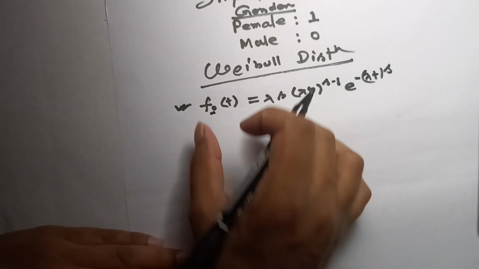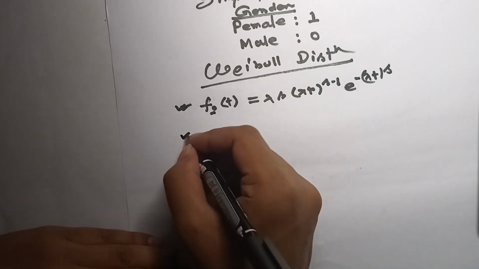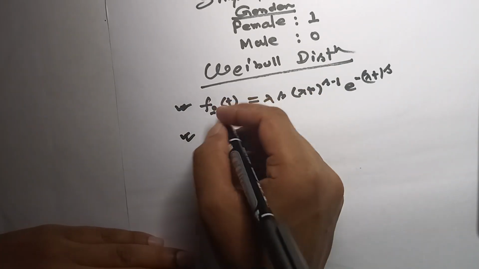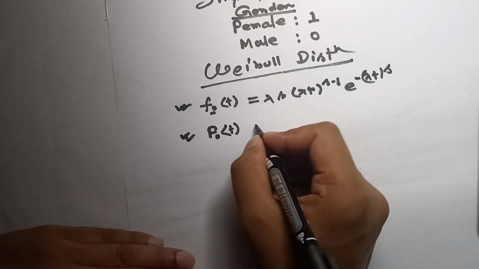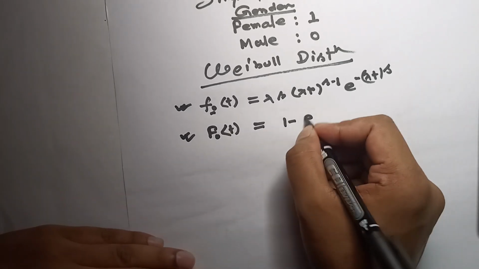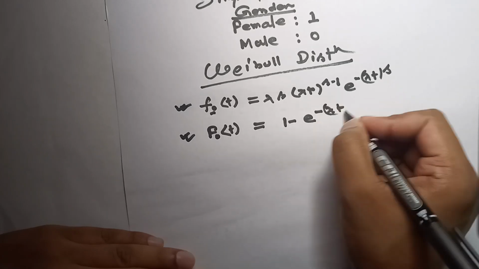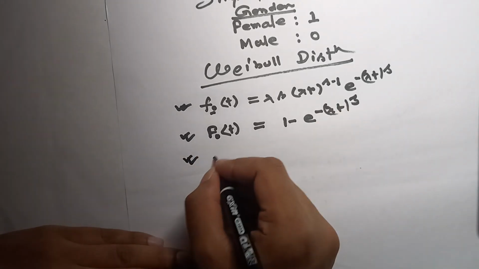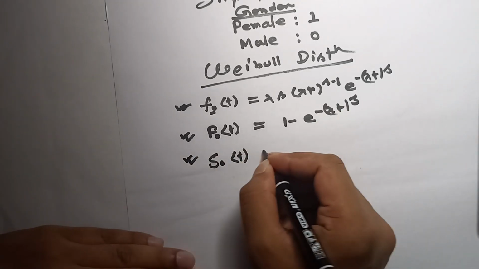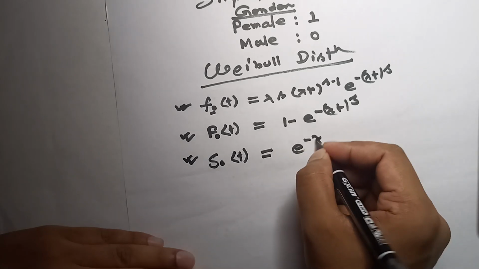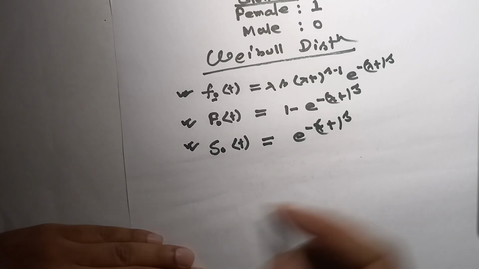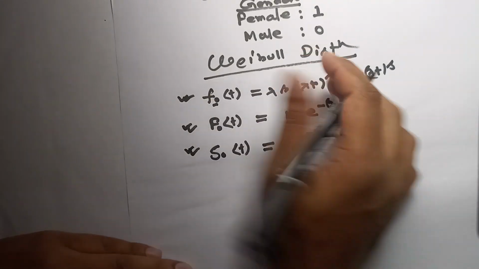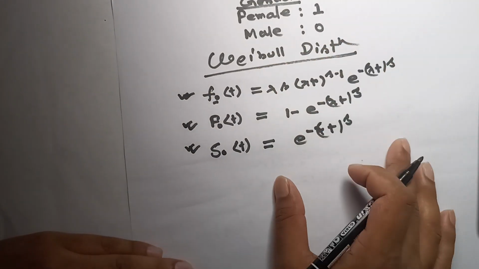Why naught? Because it is without covariates. Next, from this PDF, in my previous video I showed how to find the CDF, and it is nothing but 1 minus e to the power minus (lambda t) whole to the power beta. And what is the survival function S of t? It is nothing but e to the power minus (lambda t) whole to the power beta. So these are the major pieces of information that come with the Weibull distribution.